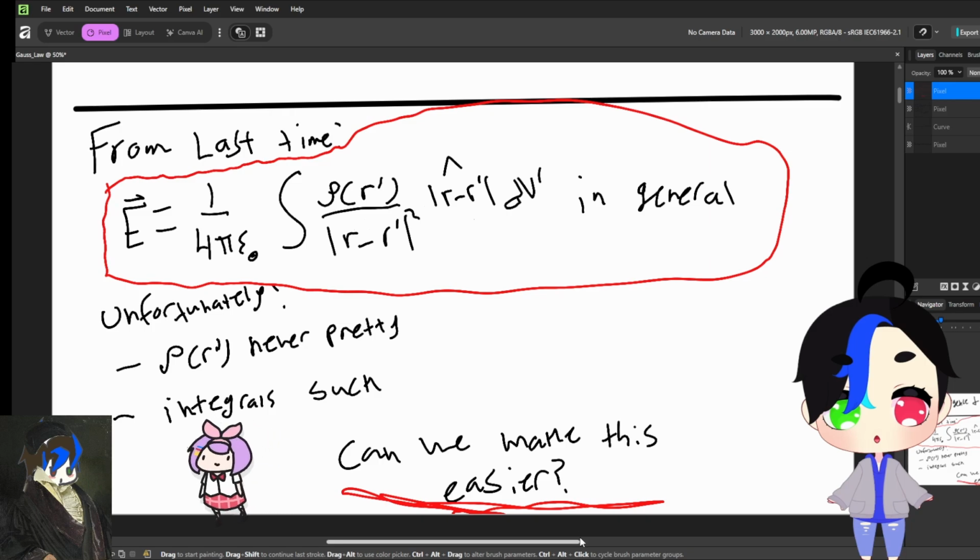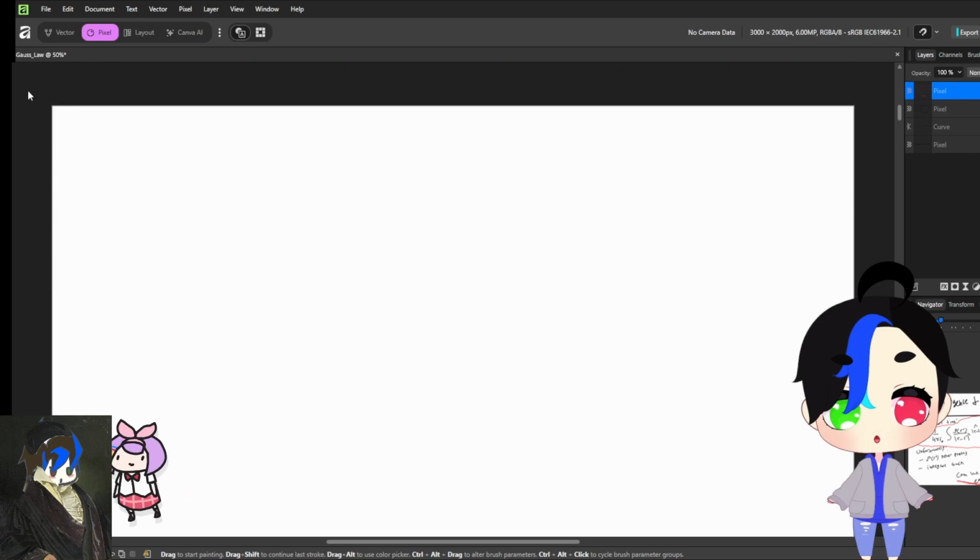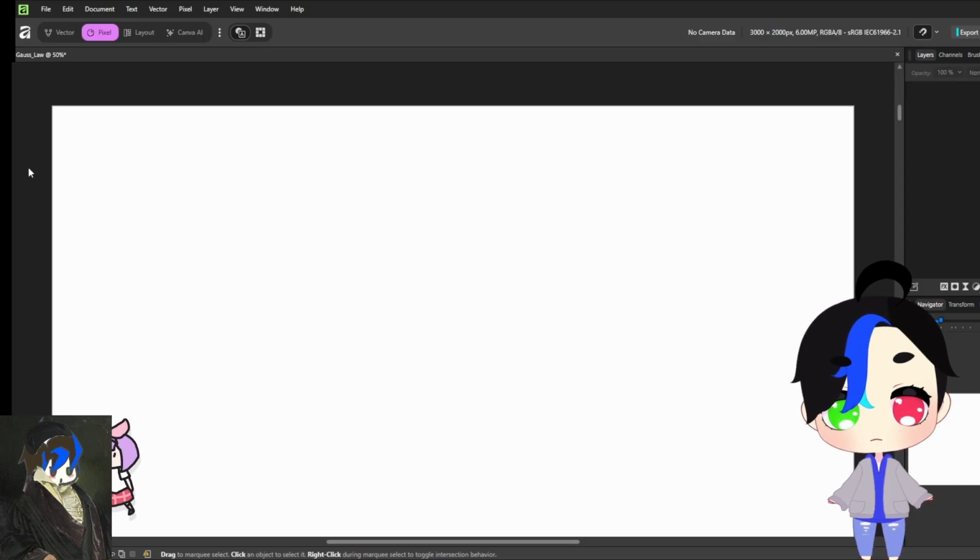In order to answer this question, what we will do first is look at a quantity called the electric flux. I had the page and then I lost it. Hang on. Okay, yeah.